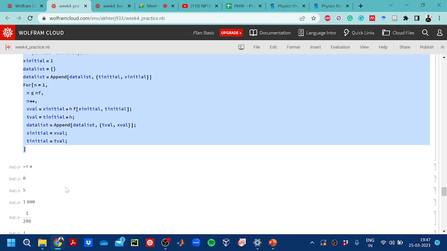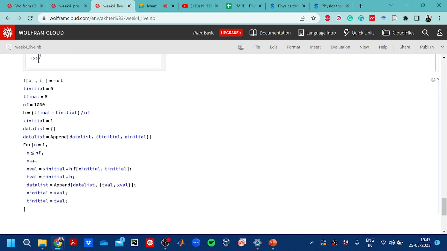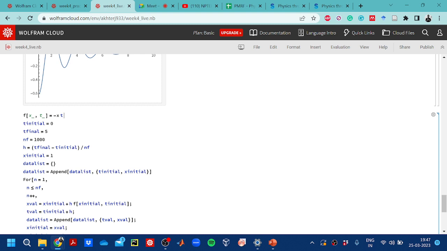So let me first just copy paste the code, and I will explain. Suppose we have a function f(x,t), like dx/dt equal to minus 2x, that we are discussing right now. So this is our given function, and suppose we want to integrate this in the time interval from 0 to 5 seconds.